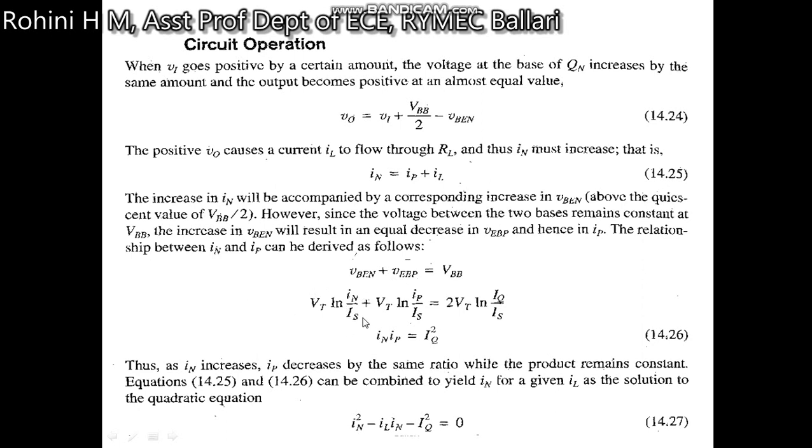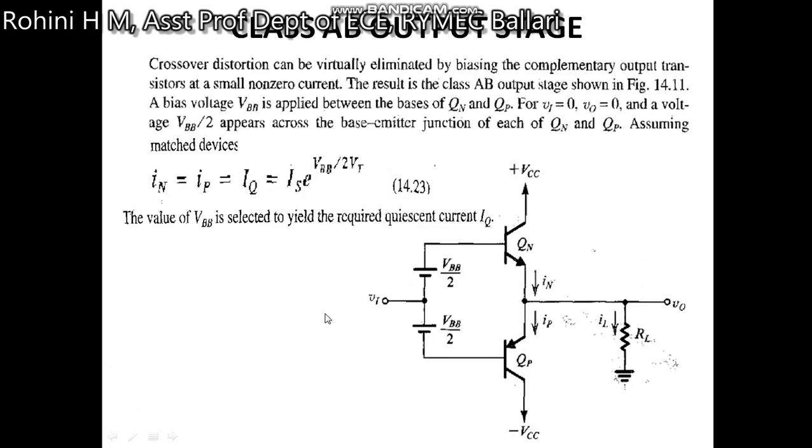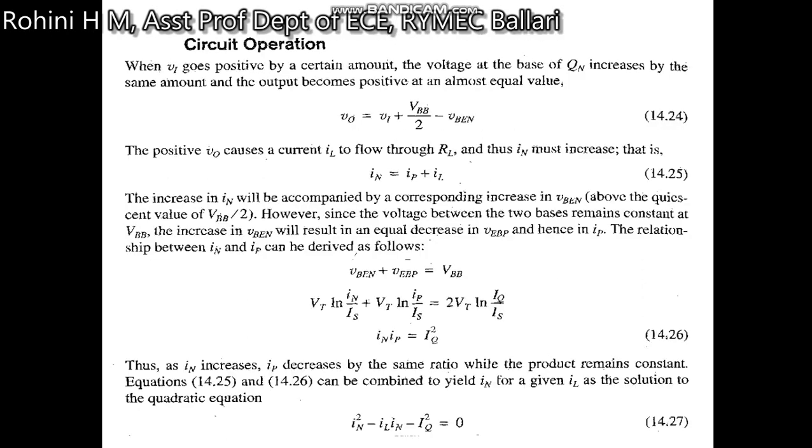So what is VBE, we are using from the expression: it is VT into ln IN by IS. So for the N transistor it is IN, for the P transistor it is IP, and VBB is given by this expression, that is quiescent current divided by saturation current. Whereas IN into IP is given by IQ square.